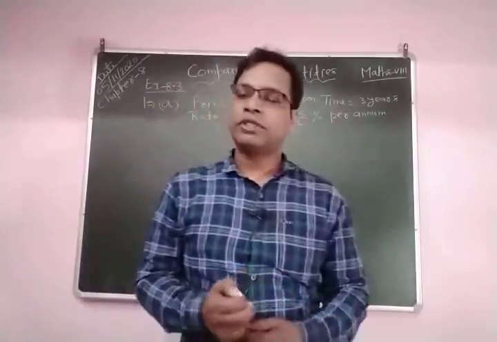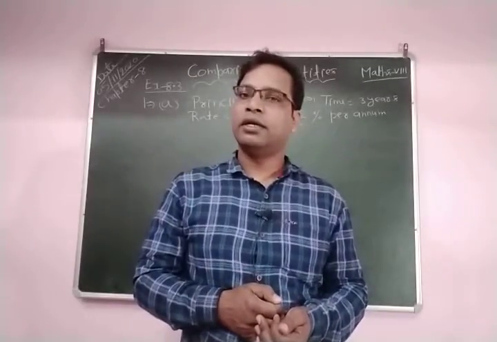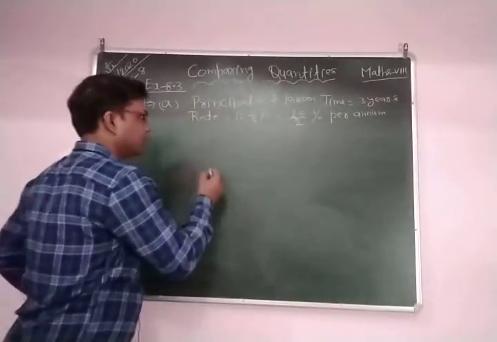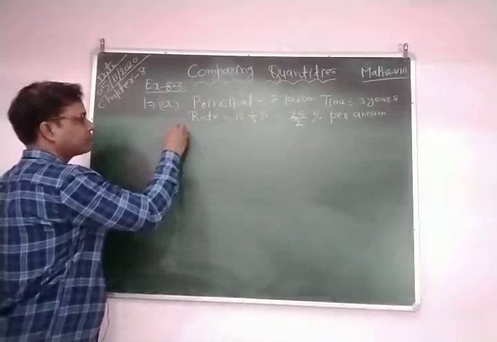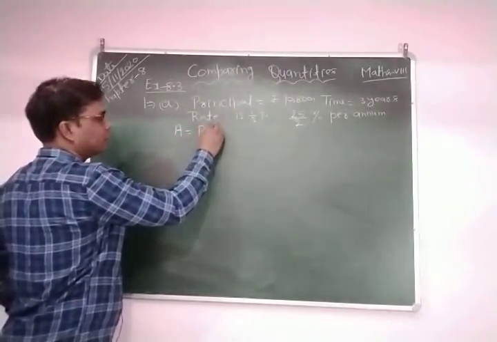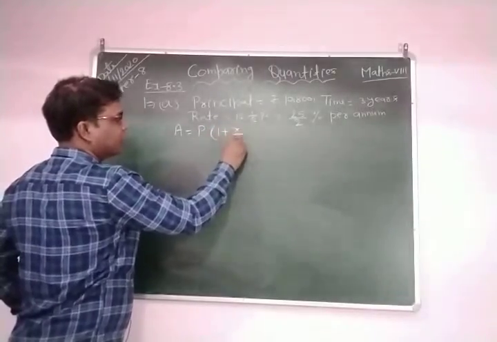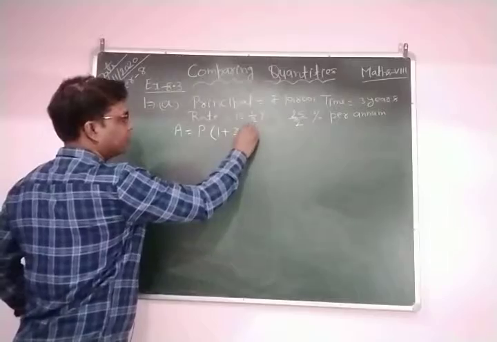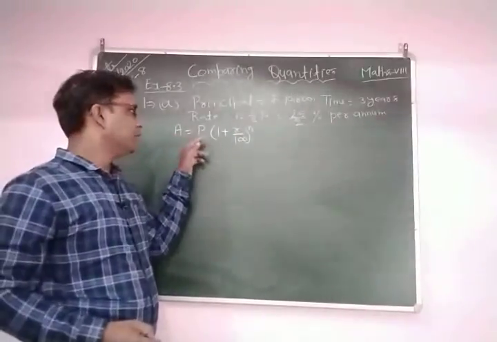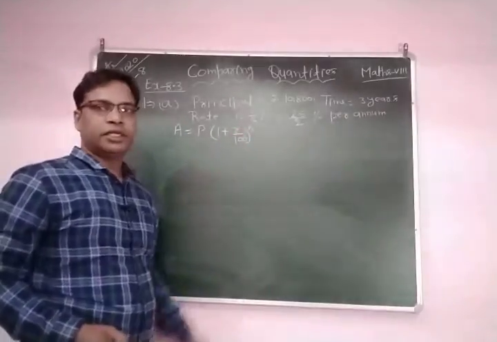A is equal to principal into 1 plus r upon 100, to the power n. A represents amount, P represents principal, R represents rate, N represents time.